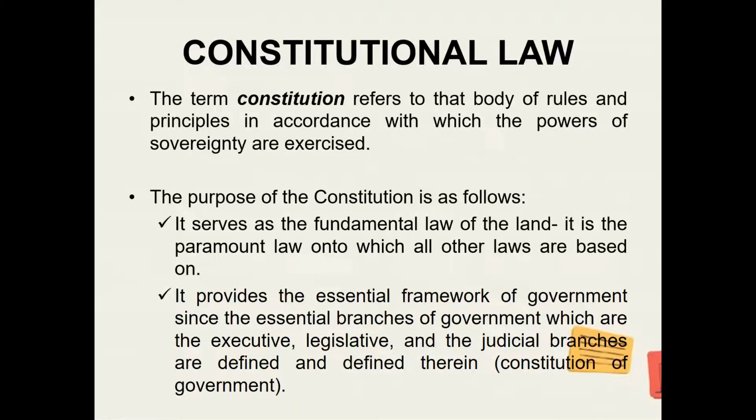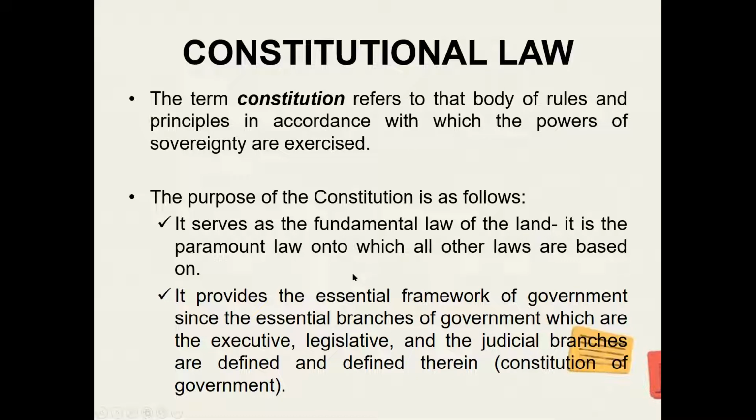Second, it provides the essential framework of government, since the essential branches of government, which are the executive, legislative, and judicial branches, are defined therein. So that refers to the constitution of government. In every government, there is actually a framework, because a framework would define or delineate the functions or responsibilities of every branch.